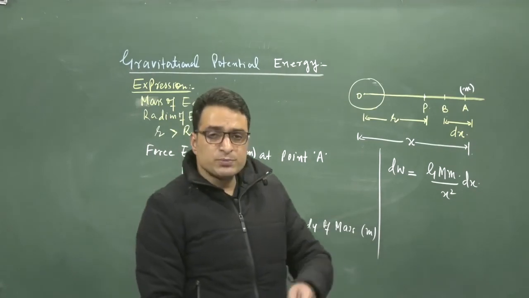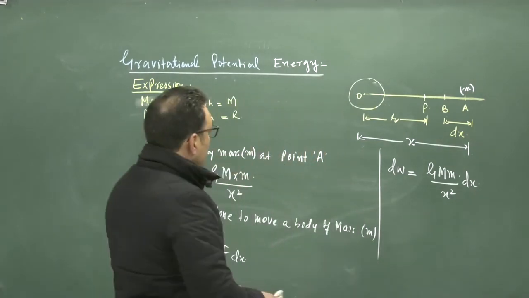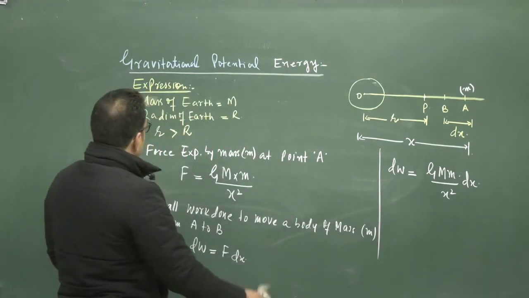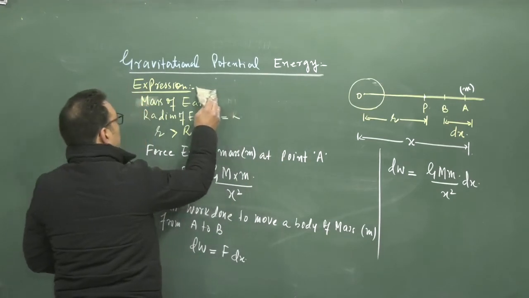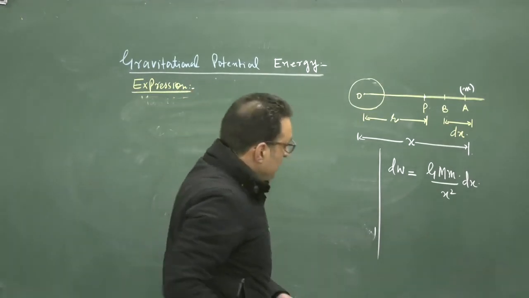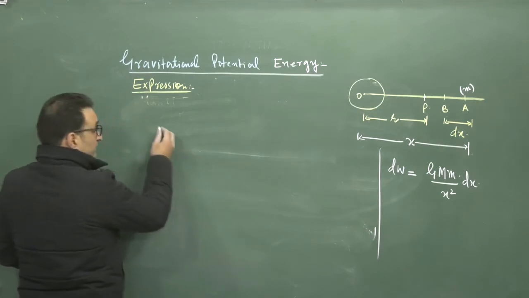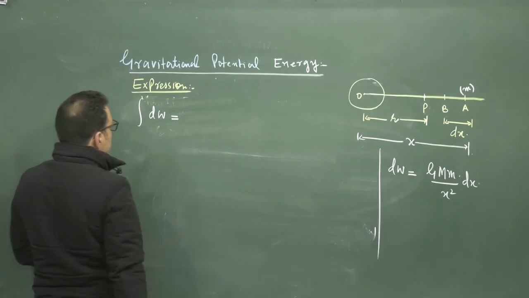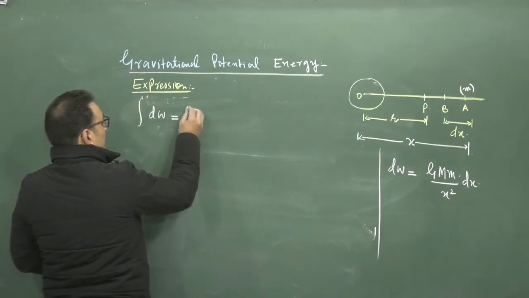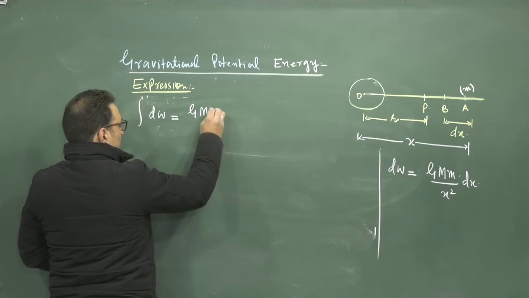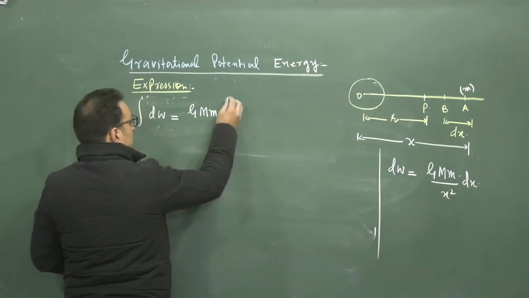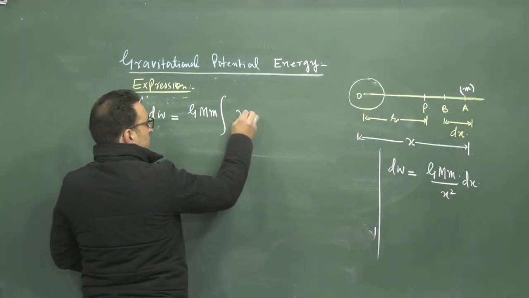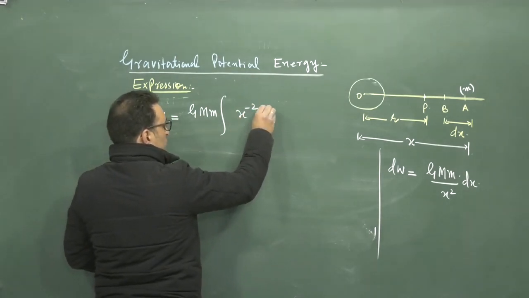Now, it is required to move the body from infinity or from the level of zero potential to the given point P. For that, we need to integrate this equation, that is integral of dW will be equivalent to GMm can be taken out of the integral, and we are left with 1 by x square, and 1 by x square can be written as x raised to power minus 2 dx.